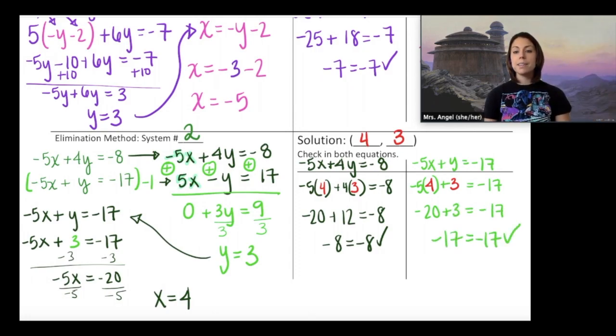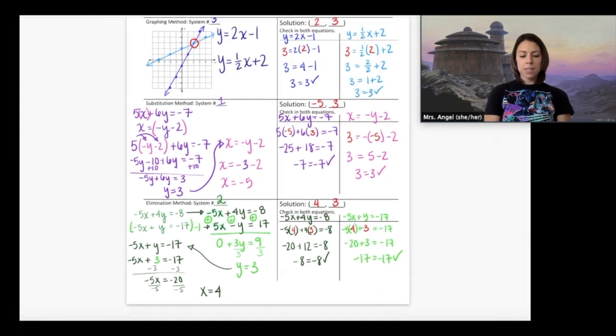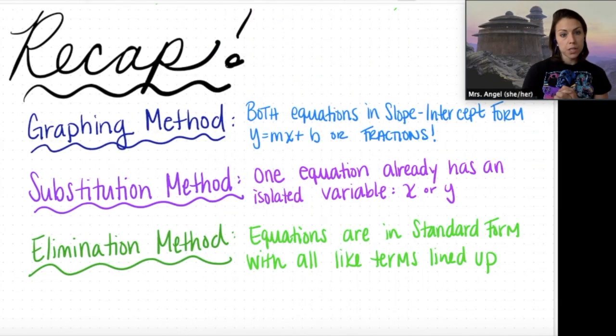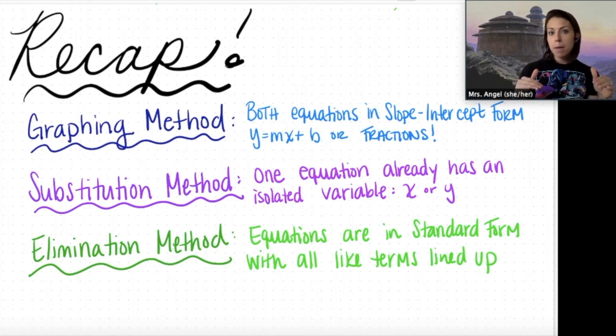Whew, and done. So hopefully it didn't feel like any of these was too challenging because we selected our systems with a purpose. Let's quickly recap what we just learned. Technically, any method would work for any one of the systems. However, sometimes it makes more sense to use a particular method.